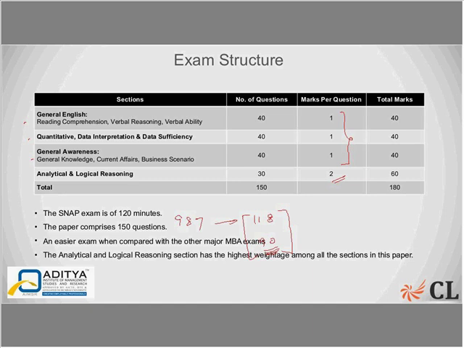So to me, if I look at this paper structure, the key in this paper usually is going to be how you handle this section of logical reasoning. Because of 2 marks per question, and the question not being difficult, you can reasonably do well in the section. As I said, the cutoff has been in the region of 90 to 98 percentile.